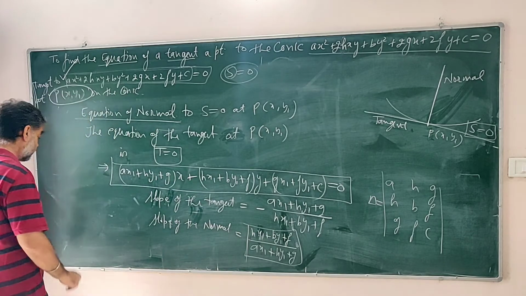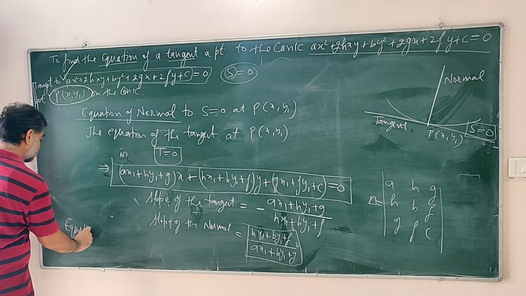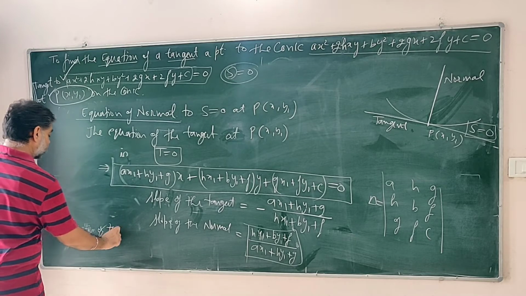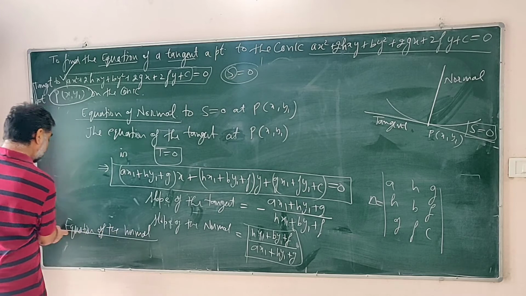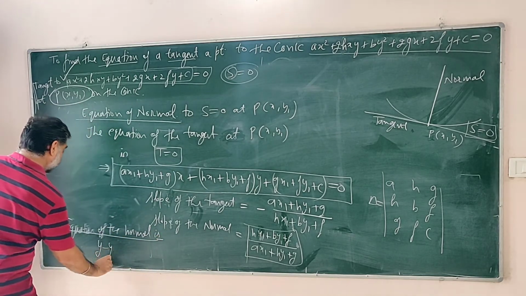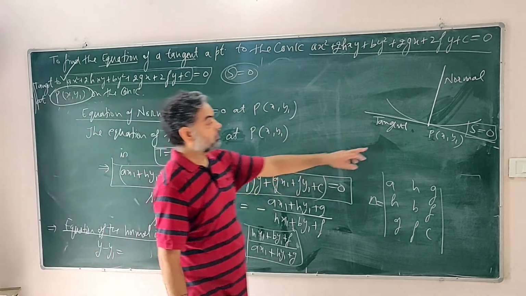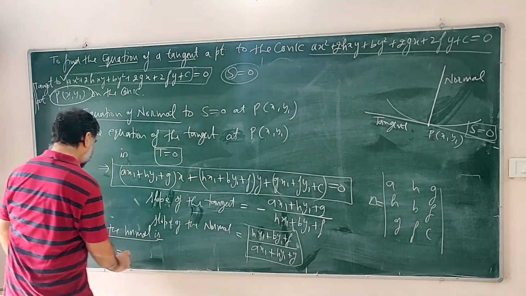So what is the equation of the normal? The equation of the normal is y minus y1. The normal passes through the point x1, y1. So y minus y1 into slope.